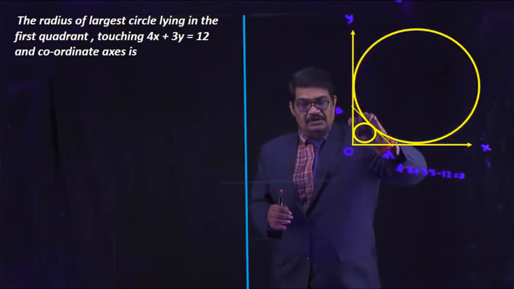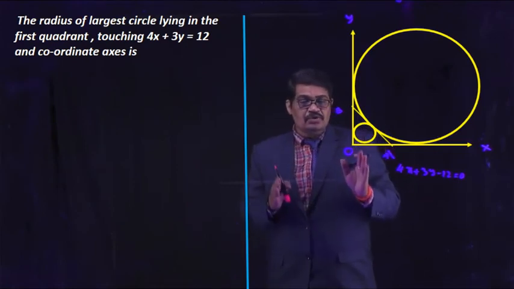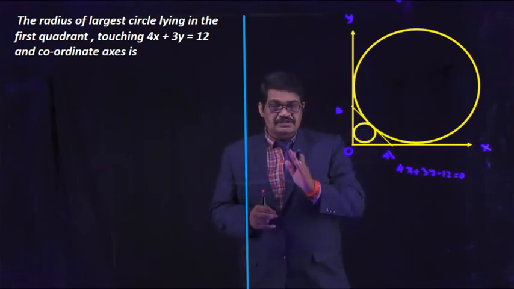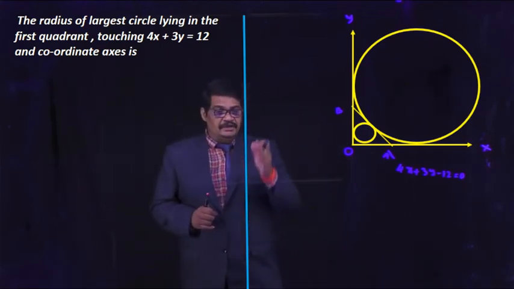This is the largest circle and one is the smaller circle. These two circles touch both the coordinate axes and the given line.